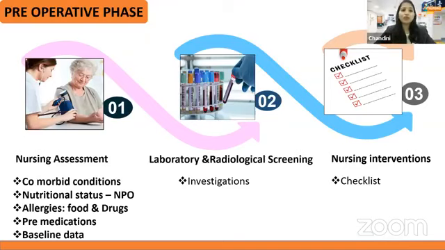We can rule out so many complications, as well as assess nutritional status. We have to find out allergic factors, which allergy medicines the patient has encountered previously, and whether the patient is on pre-medications. We can collect the history of pre-medication and baseline data for the preoperative assessment.